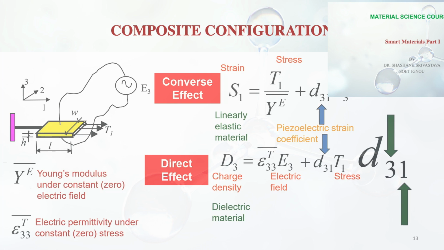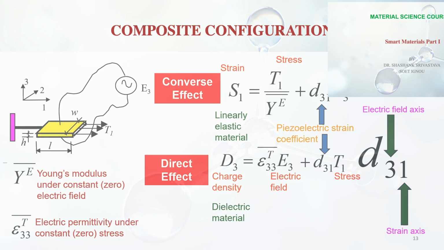Here what 3 and 1 stand for: the first subscript indicates the direction of the electric field, which is along the axis 3, so we find 3 here. And the second subscript indicates the direction of the stress or the strain, which is axis number 1. Now it should be understood that in the case of the Young's modulus of elasticity, we are using a bar and a superscript E. The superscript E indicates that the quantity is measured under zero electric field.